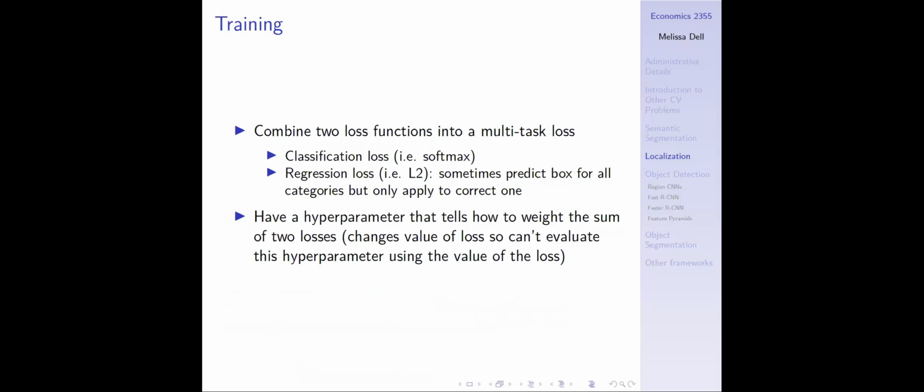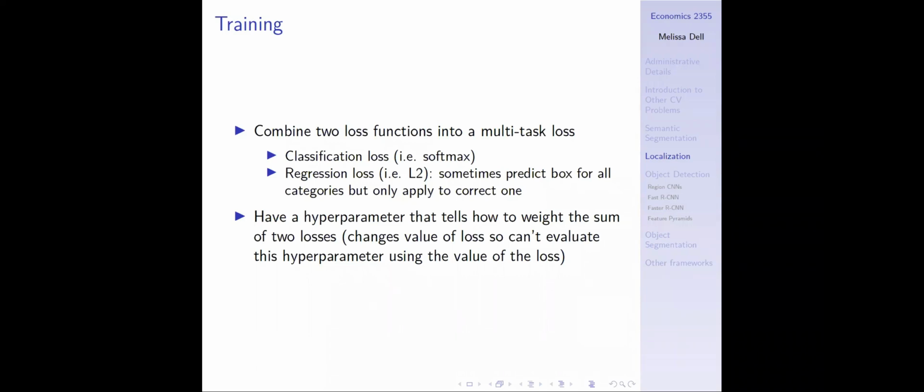So how do we train this? This is what's called a multitask loss, which is very common in machine learning. You have 2 loss functions, a classification loss, like maybe you're using softmax, and a regression loss. And you just add these together, and you have a hyperparameter that tells you how to weight the sum of the 2 losses.